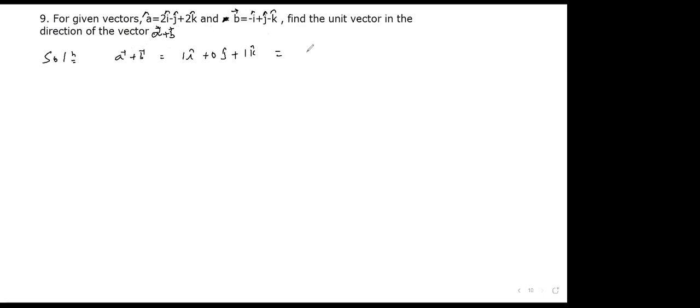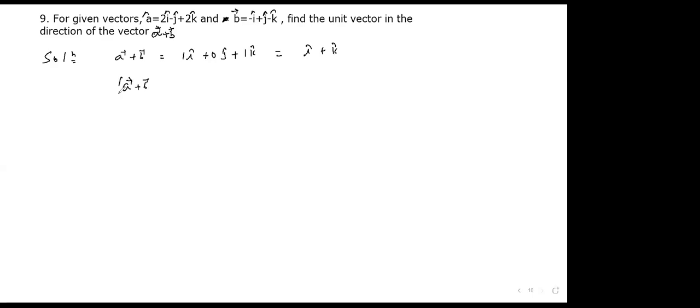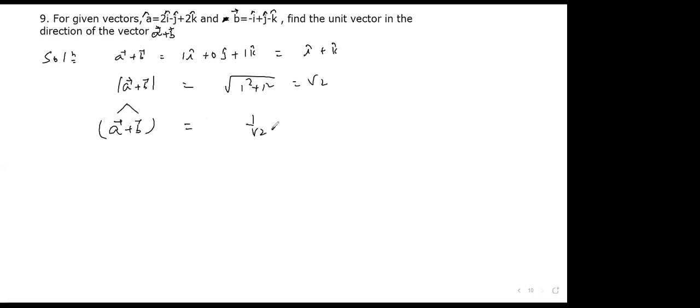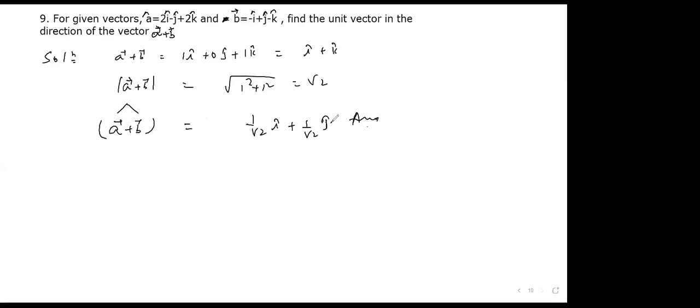So basically you have I plus K. Now the magnitude of A plus B will be root of 1 square plus 1 square, that is root 2. So the unit vector in the direction of A plus B, divided by magnitude, will be 1 over root 2 I cap plus 1 over root 2 K cap.